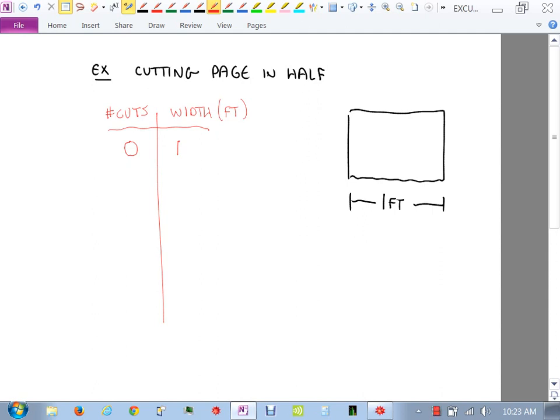With our bacteria, and with our folding the paper over, 0 folds, we had 1 thickness of paper. So now let's cut it one time, directly down the middle in half. Perfect cut. How wide is it now? Half of a foot, right?